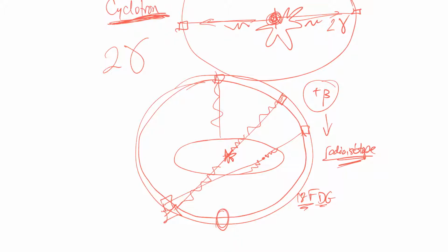Our PET gamma camera has to be designed in a way that it can trace back these original annihilations from the detected gamma rays. When there's no other gamma ray coming out the other side, then this gamma ray here was not produced by the radiopharmaceutical.